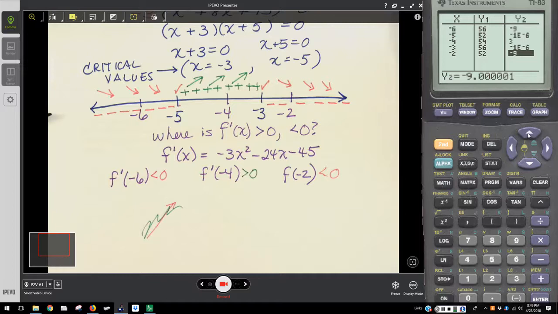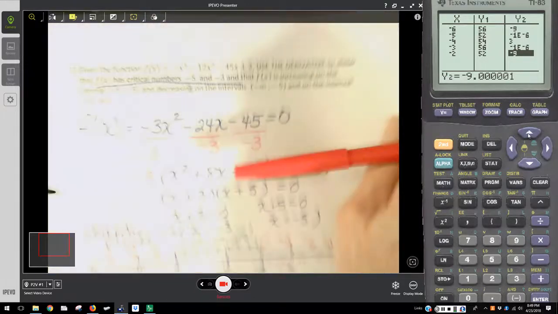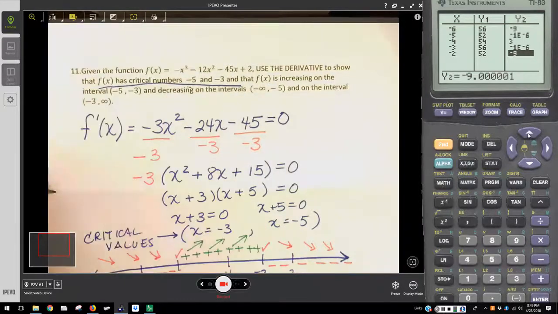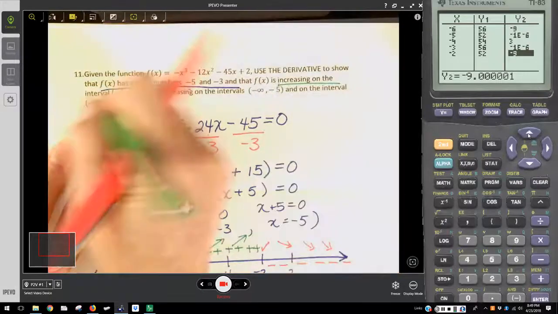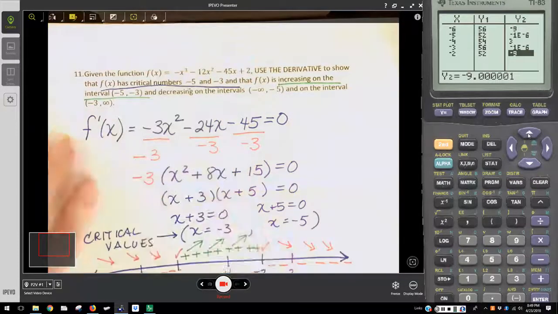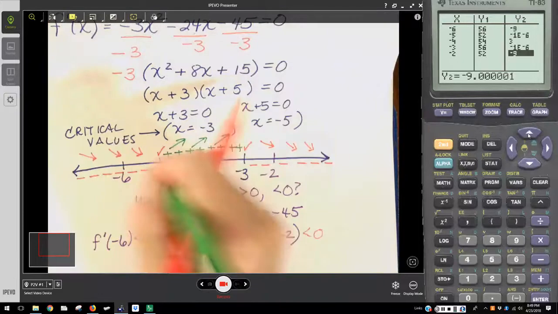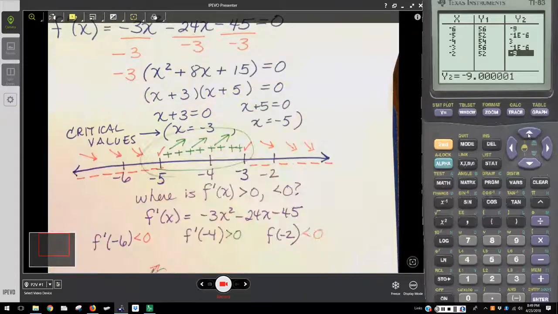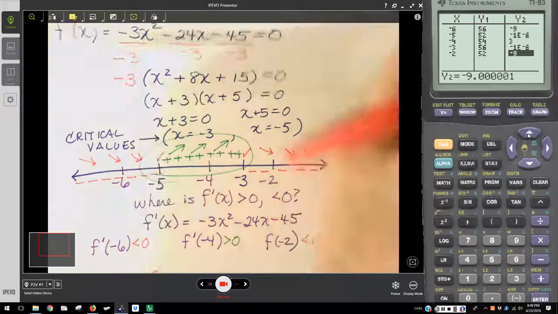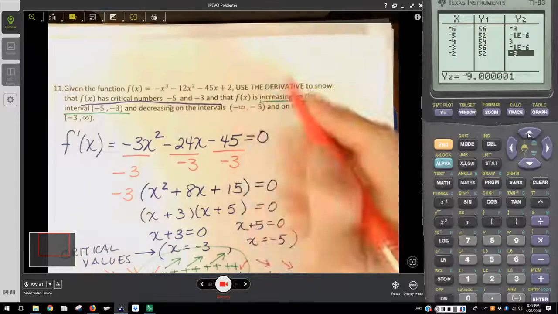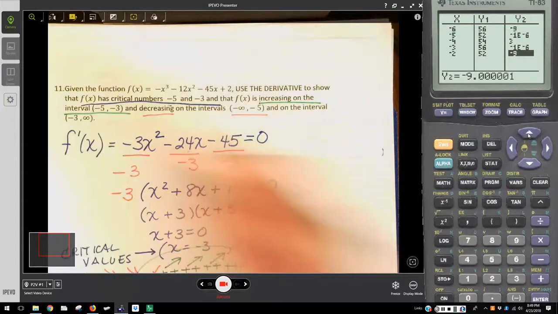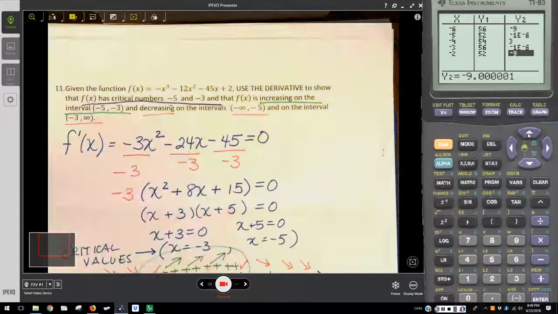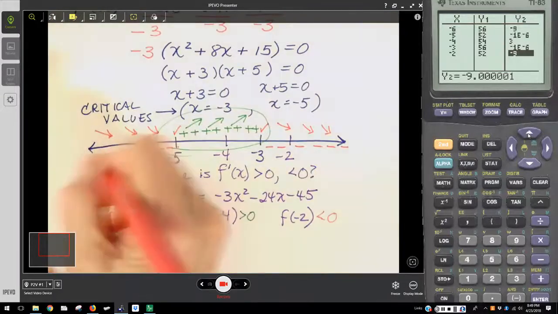Which confirms what we're told, which is that it was increasing on the interval -5 to -3, which we see here, and that it was decreasing on the interval -infinity to -5 and -3 to +infinity, as we see here.